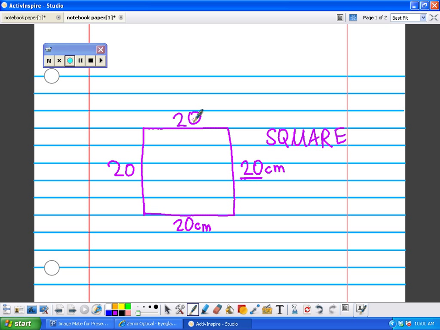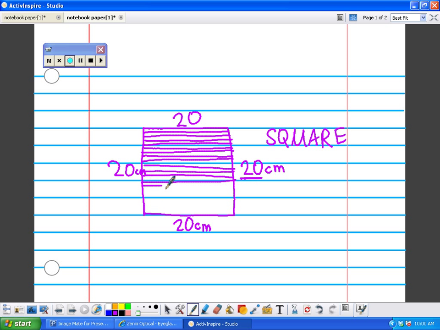Now, they don't give me the squares inside, but they're telling me that there's 20 right here. So I can draw them. I want you to watch. Do not draw. That's 20 down.